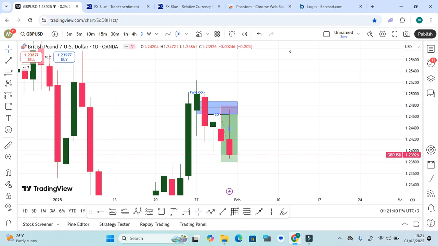Most likely, the big boys, these are the banks and institutions trading this market to make profit, are taking retailers' money, and most of them are SMC traders and ICTs, but not all of them. Some ICT and SMC traders know what to do.